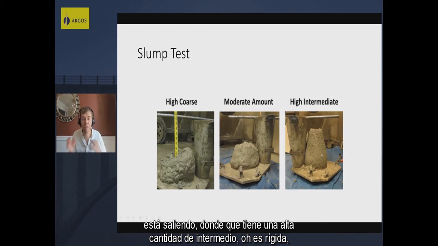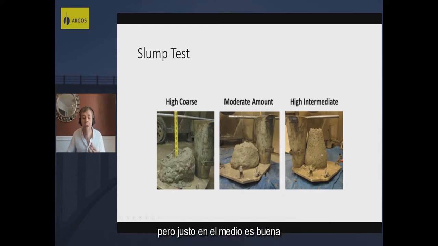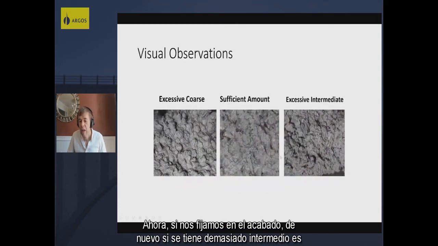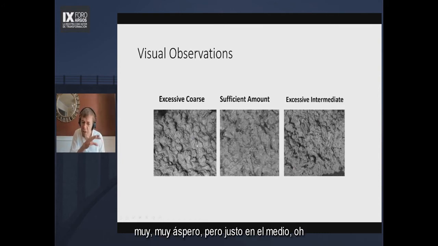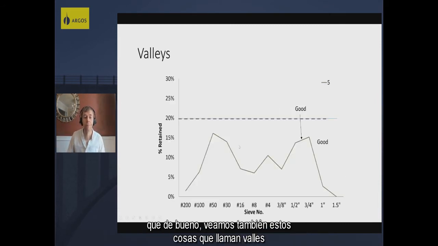Where it has a high amount of intermediate, oh, it's stiff. But right in the middle, that's good. If you look at finishing, again, if you have too much intermediate, it's very, very rough on the surface. Too much coarse, very, very rough. But right in the middle, that's good. Let's also look at these things called valleys.